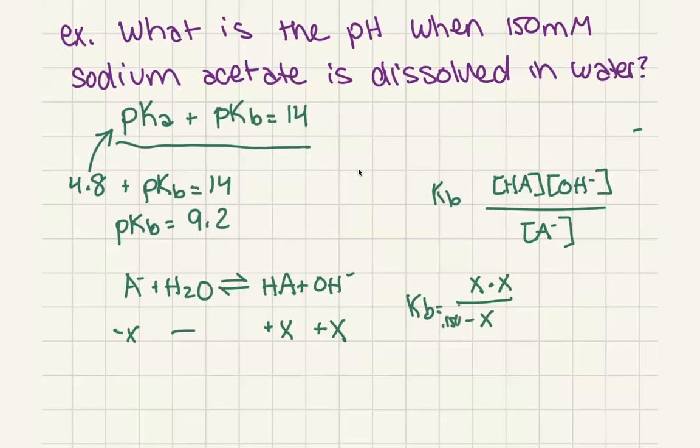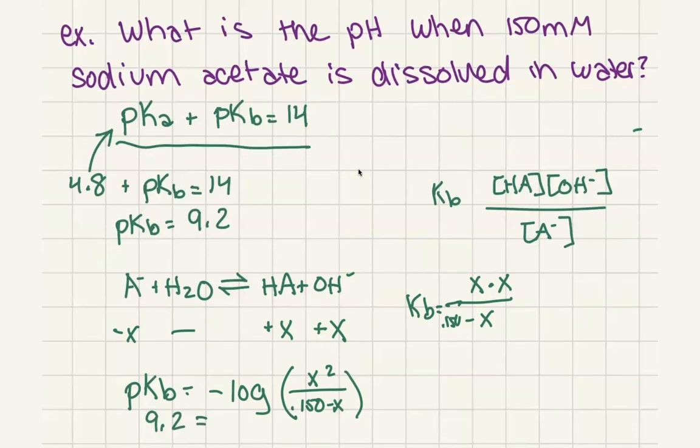Now we can use the relationship where the pKb is equal to the negative log of our Kb. So it's going to equal the negative log of x squared over 0.150 minus x, and we said that the pKb was going to be 9.2. So 9.2 equals this.